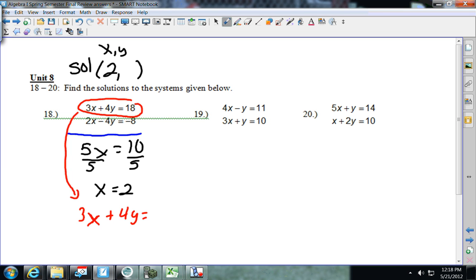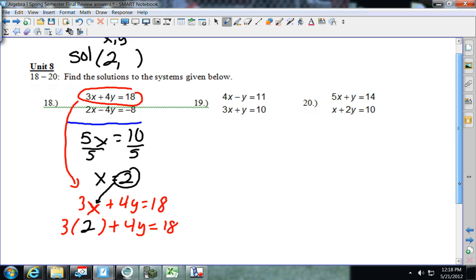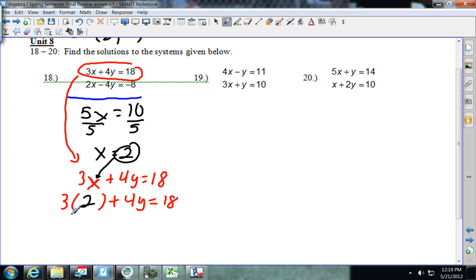4y equals 18. You're going to take what x equals, and you're going to substitute it in here for x. So I'm going to get 3 times, instead of x, I have 2. 3 times 2 plus 4y equals 18. Now, 3 times 2 is 6 plus 4y equals 18.